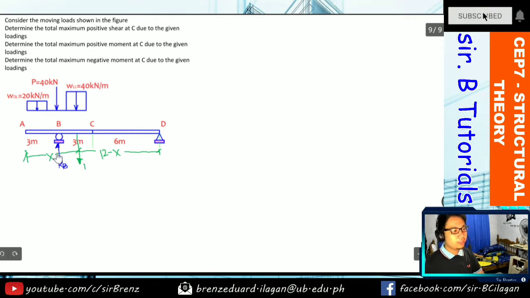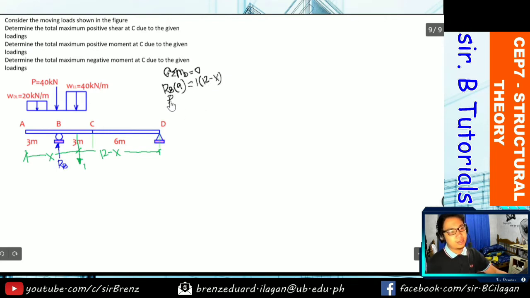Okay? So to make an equation of RB in terms of the 1, anong gagawin natin? Just take summation of moment at point D. Dito ko na lang isulat siguro. So, by taking summation of moment at point D equals 0, the equation will be RB multiplied by the distance of 6 plus 3, so that is 9, equals 1 times 12 minus x.